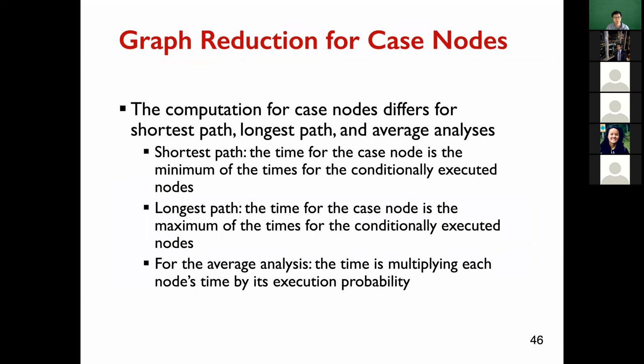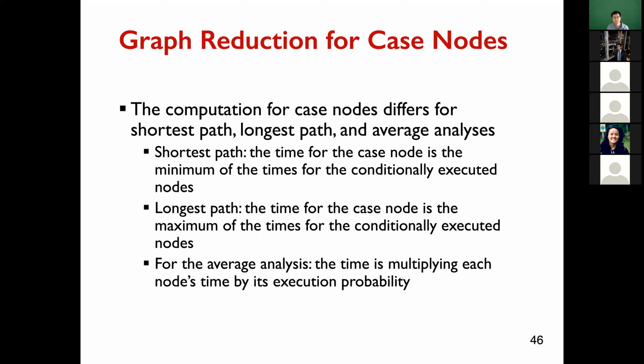What about case nodes? Because there are lots of different possibilities, we compute the response time for the shortest path, the longest path, and the average path. What is the shortest path?